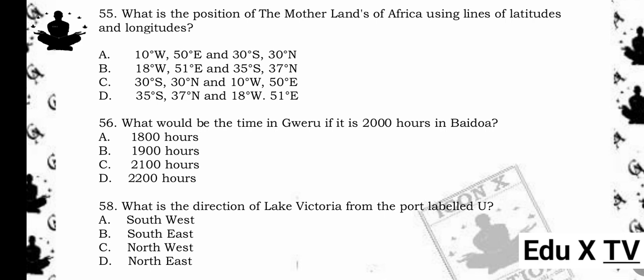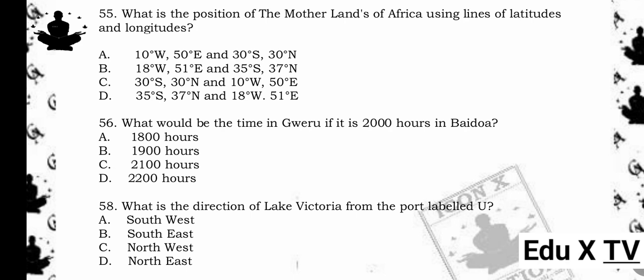55. What is the position of the mainland of Africa using lines of latitudes and longitudes? A, 10 degrees west, 50 degrees east and 30 degrees south, 30 degrees north. B, 18 degrees west, 51 degrees east and 35 degrees south, 37 degrees north. C, 30 degrees south, 30 degrees north and 10 degrees west, 50 degrees east.